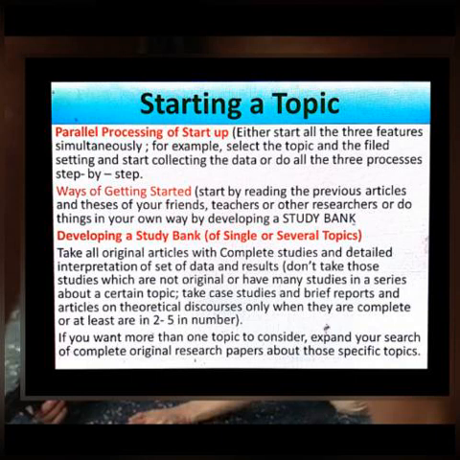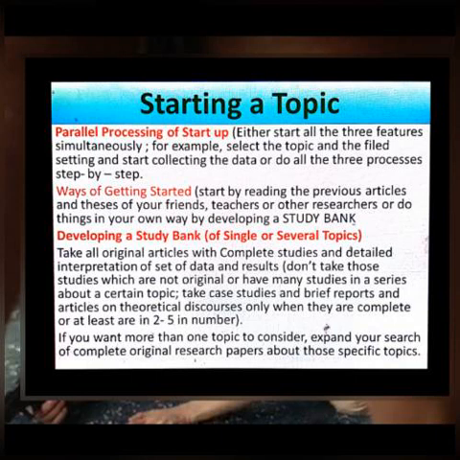So select the topic and then select the complete original articles about that topic, or the articles that are in parts but not more than 5. So this is how to develop your study bank about a single topic, and you may choose other topics, and then download the other original articles about those topics.